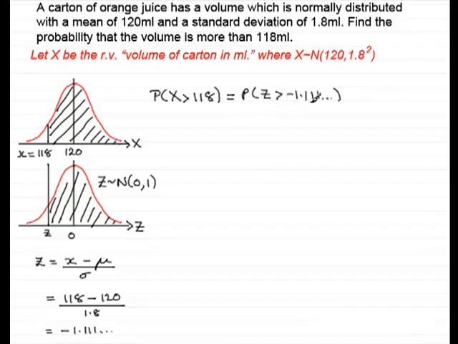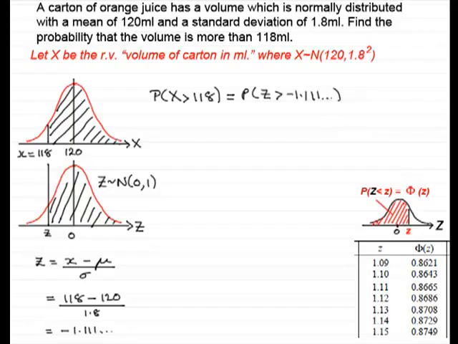Now we need to use the cumulative normal probability tables, and we'll bring those up here. Here's an extract. You'll find these tables in any set of formula tables or possibly in the back of a statistics textbook, and what we have here is z values and phi z.